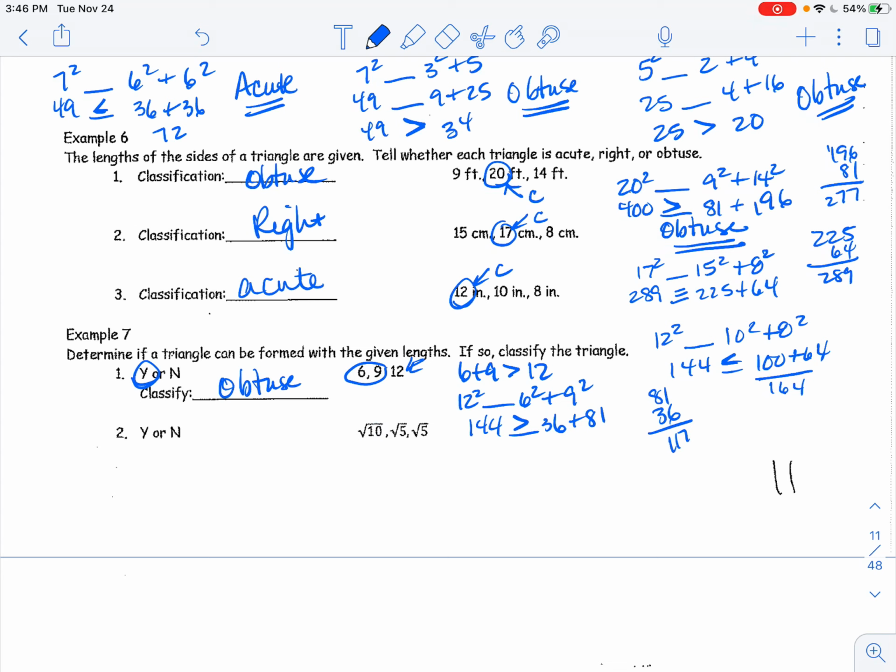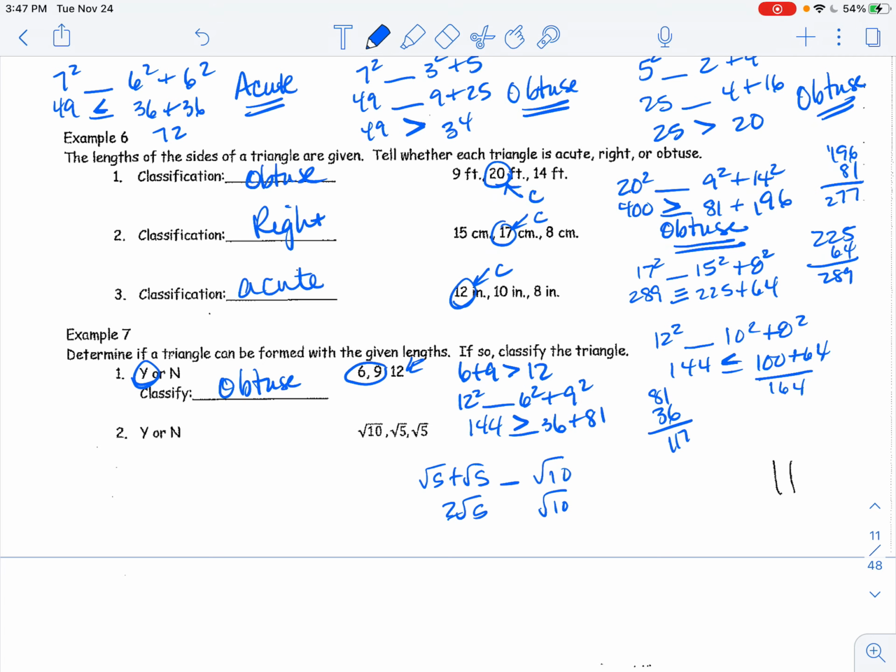The square root of 10 is bigger, so we need to see if the square root of 5 plus the square root of 5 is greater than the square root of 10. Well, this is 2 square roots of 5, and we need to see, is it greater? How do I compare these two?